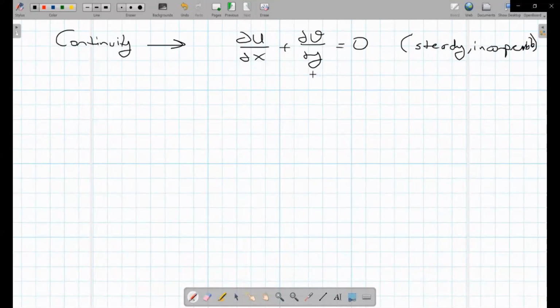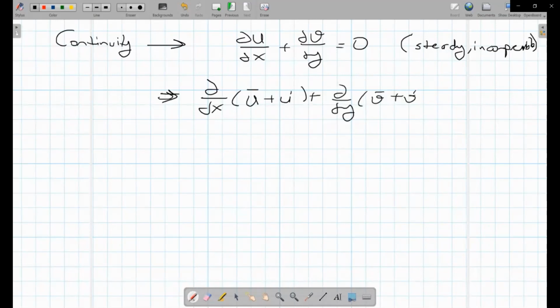So in order to analyze it for turbulent flows, we have to write the same equation, but now decomposing it into its components. Instead of u, we write u bar plus u prime, and instead of v in d dy, we write v bar plus v prime, must be equal to 0.